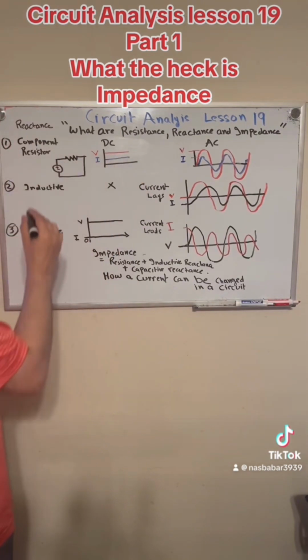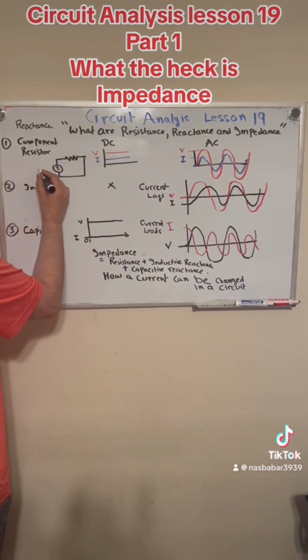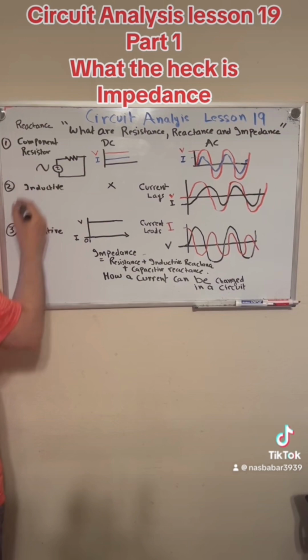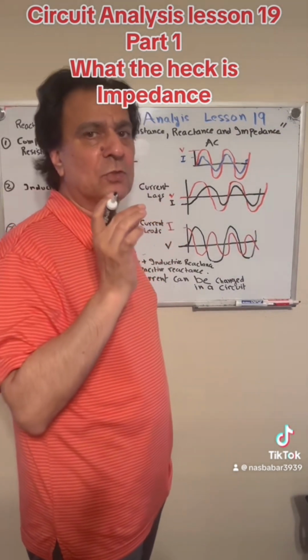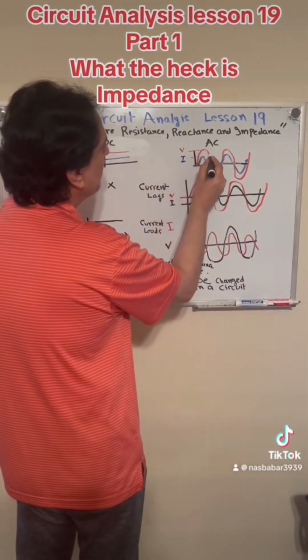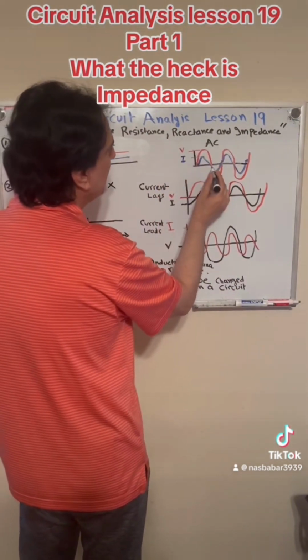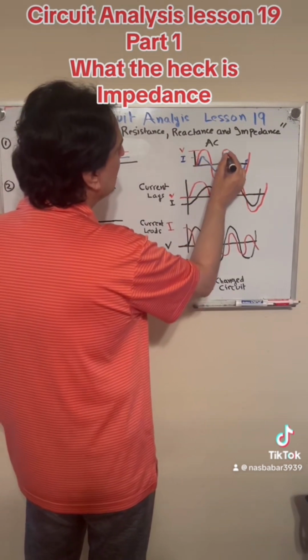However, if I change this voltage source from DC to AC, then when you monitor this on an oscilloscope, you will see the red is the voltage, which is higher, in the form of a sinusoidal wave going like this.